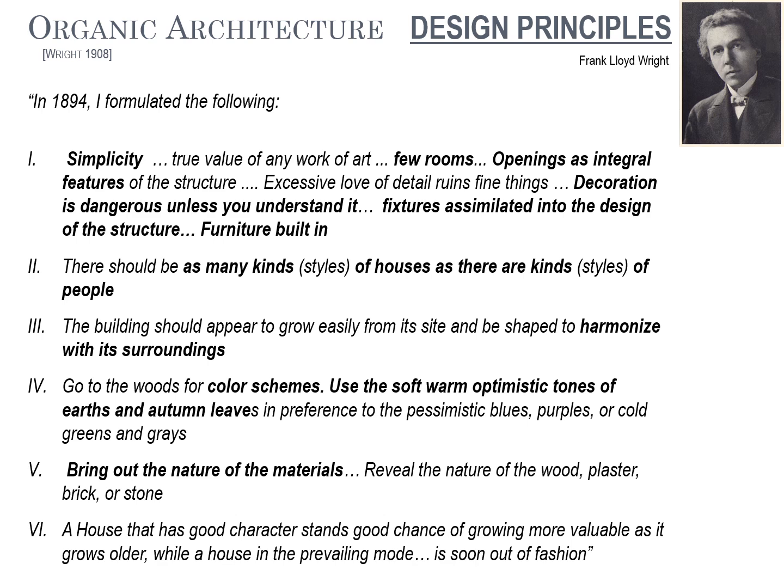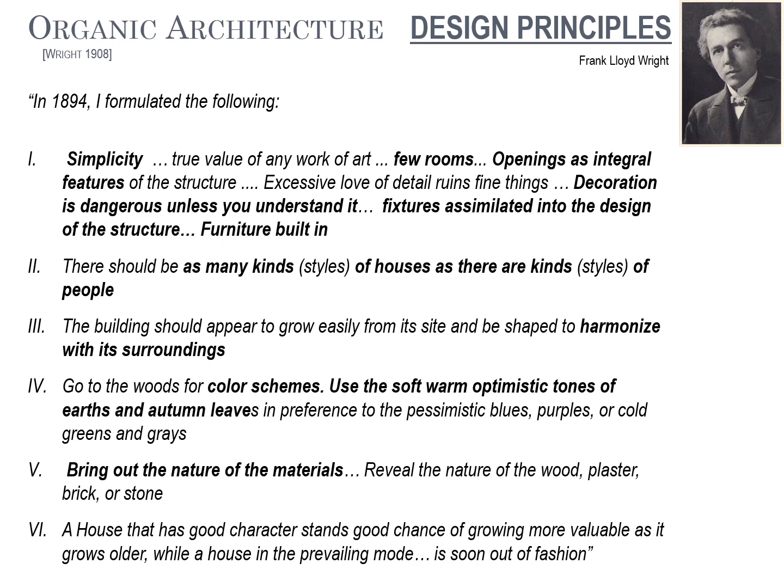There should be as many kinds of styles as there are kinds of people. Right? So he's not buying into one specific genre, and he recreates himself and his designs many times throughout his life. The building should appear to grow easily from its site and be shaped to harmonize with its surroundings. That's a very harmonious or green kind of organic thing to do.